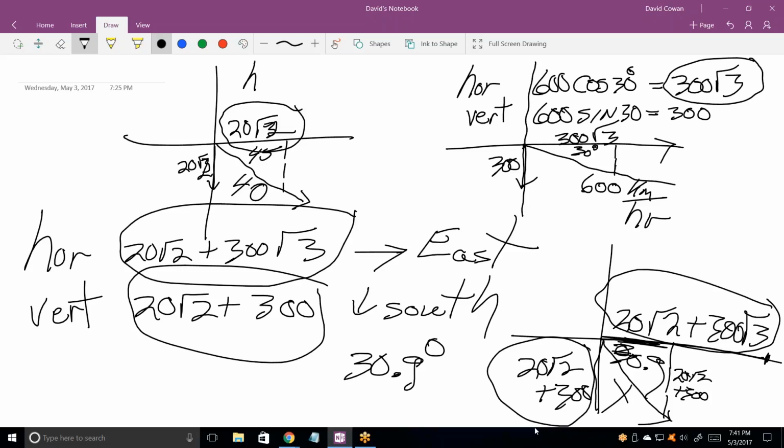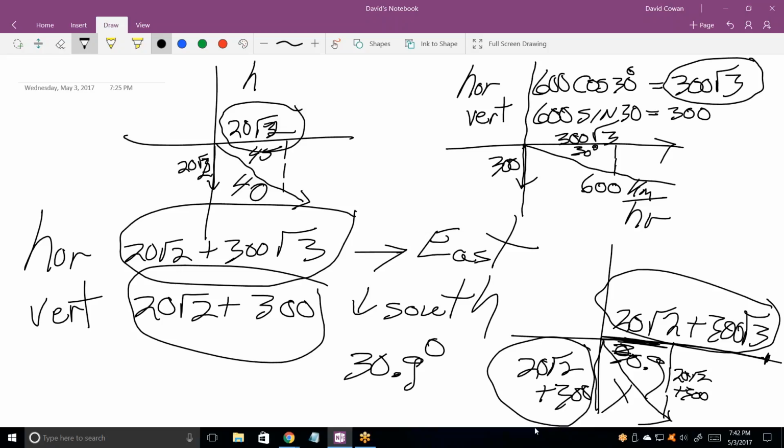You can use the Pythagorean theorem, or you can use the sine function, or the cosine function to figure out that hypotenuse length. Okay. Right. Probably a little harder to do using the Pythagorean theorem because the numbers are so bizarre.